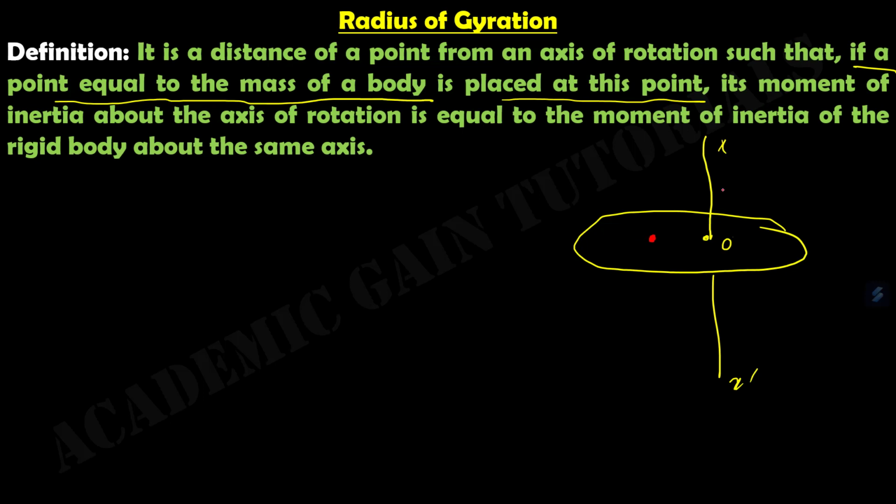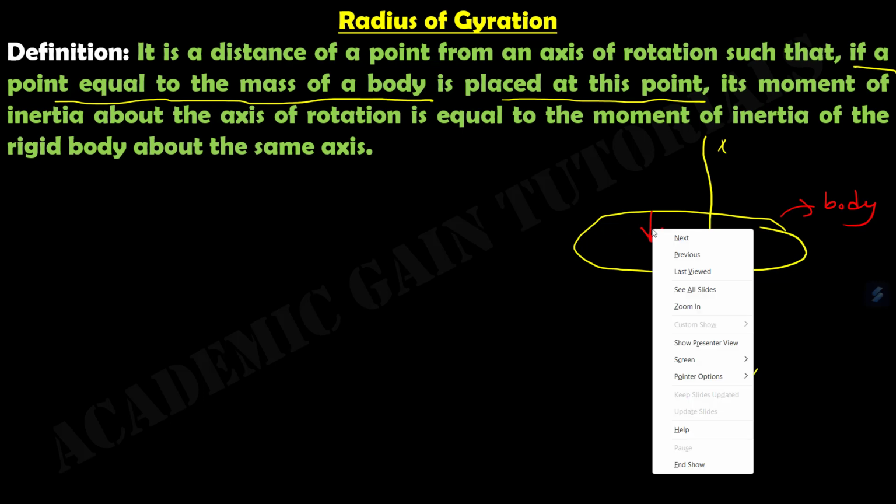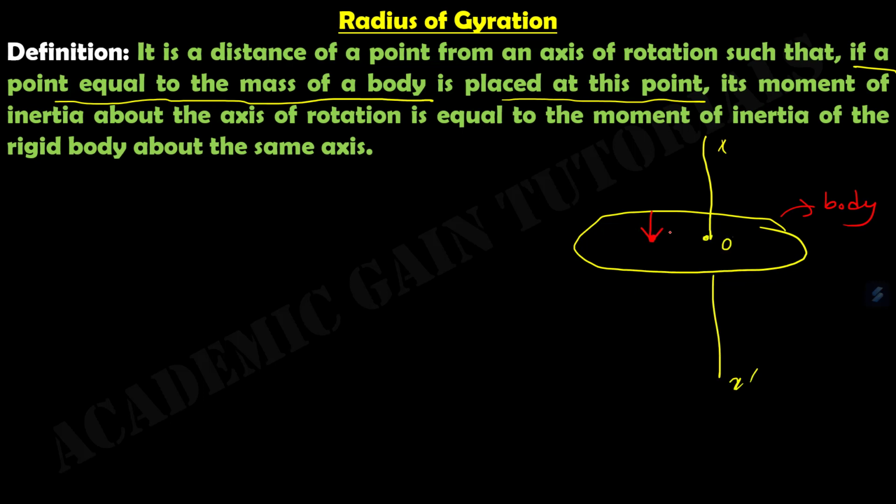It says that if the total mass of this rigid body, we can consider this total mass in that point. So we say that we can consider this point to have the total mass of this body, or we can say that we can consider this point as holding the total mass of this body.